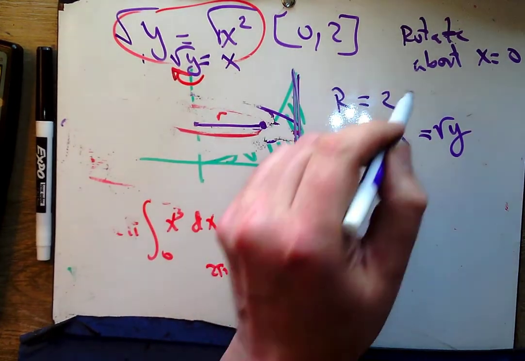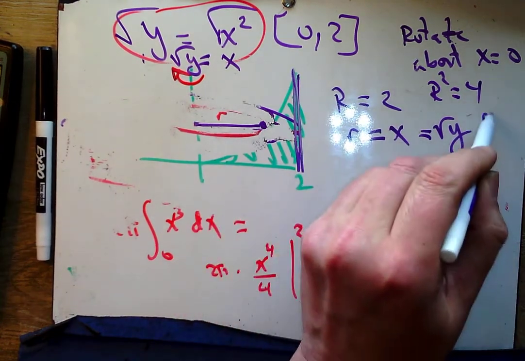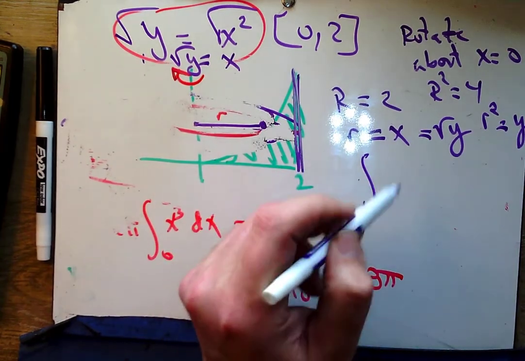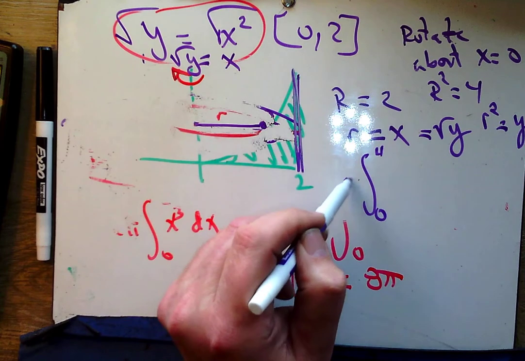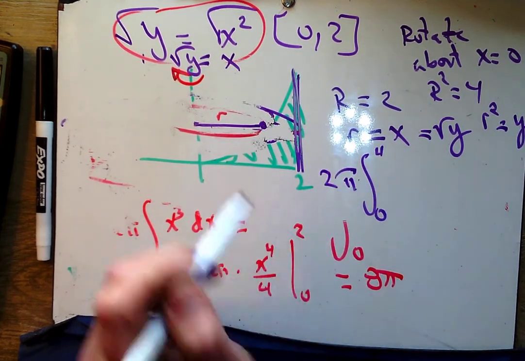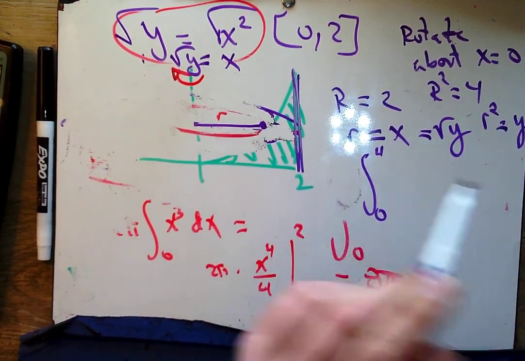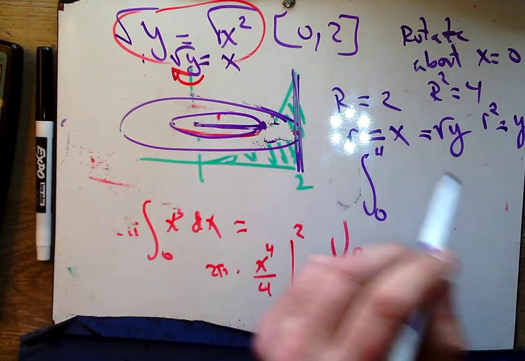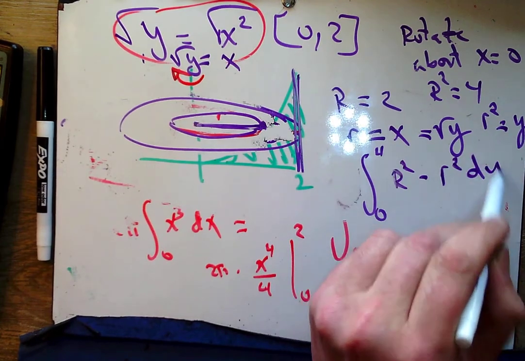Well, big R squared is 4, and little r squared is y. So we're integrating from 0 to 4. There's pi. Oh, no, this is not shells. We do have an inner circle and an outer one. So this is big R squared minus little r squared dy.